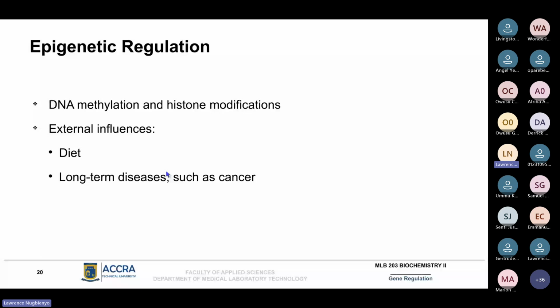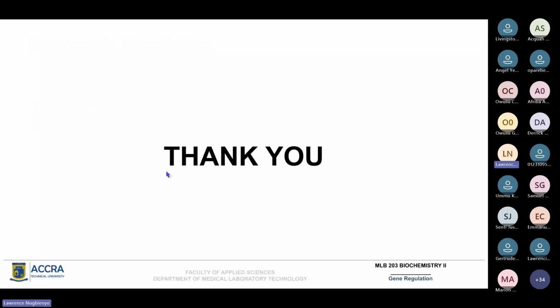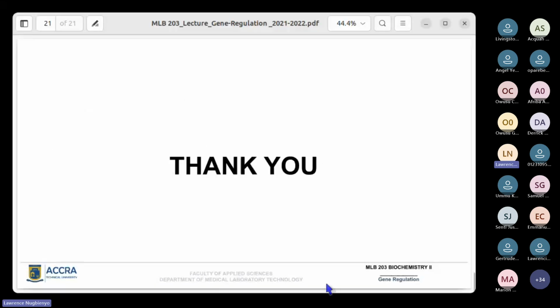So you begin to secrete hormones at a high level or not at all, depending on the situations in which you find yourself. These things are what you refer to as epigenetic regulation of the gene in eukaryotic cells.